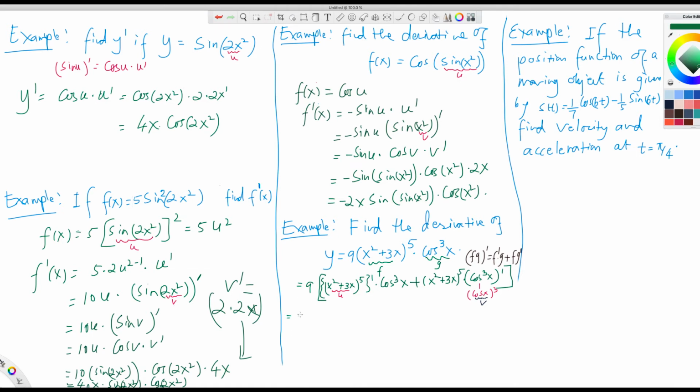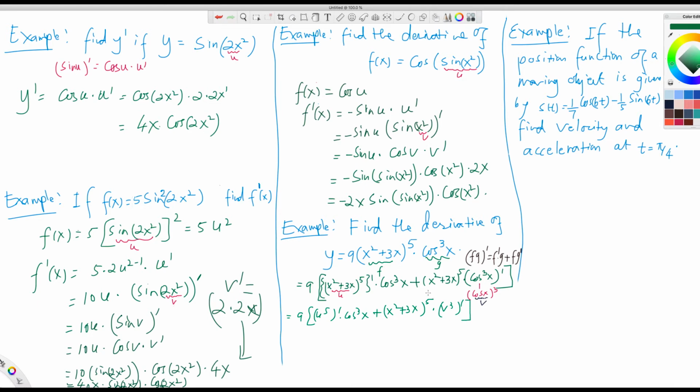You get 9, it is u to the 5 prime times cosine cube x, and then plus x squared plus 3x to the 5 times v cubed prime.